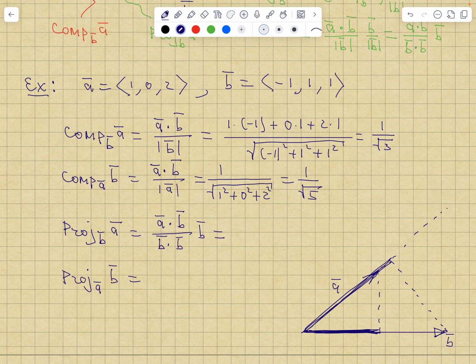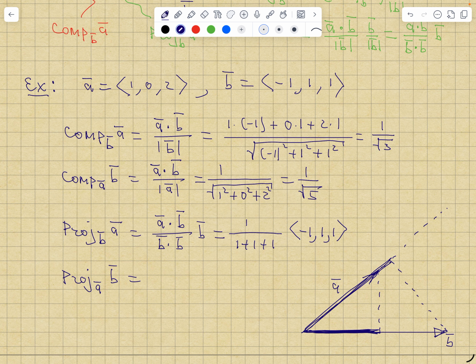And a dot b still hasn't changed, it's still 1. And magnitude of b, we found before, is square root of 3, or you can just take a dot product of b with itself, that's 1 plus 1 plus 1, and times the vector b, minus 1, 1, 1.